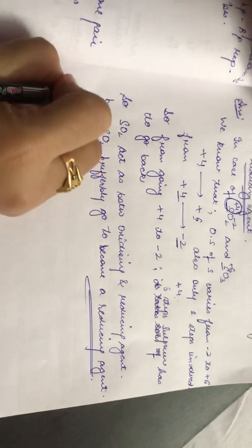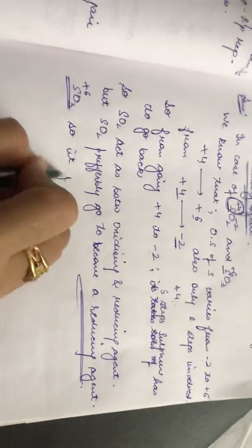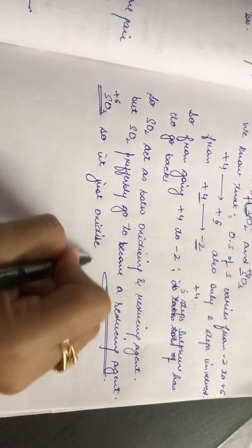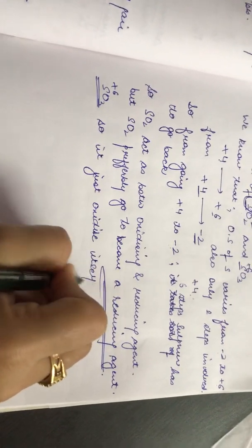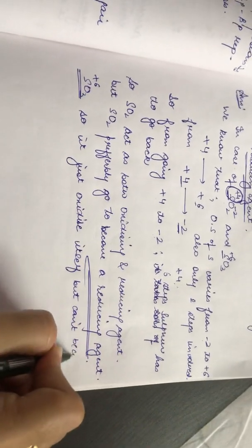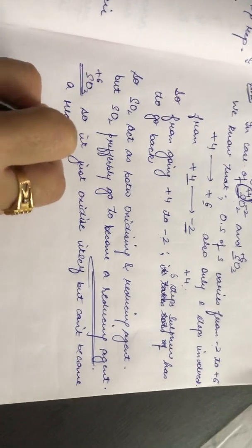Whereas in case of SO3, sulfur gets +6 oxidation state already. Clear? So it can't oxidize itself further, but can't become a reducing agent.